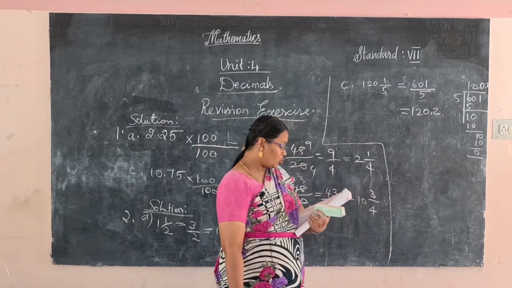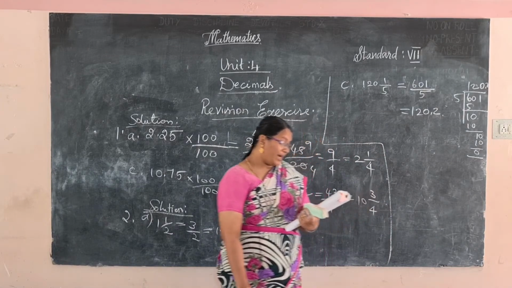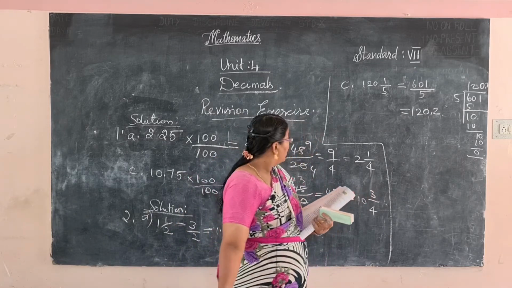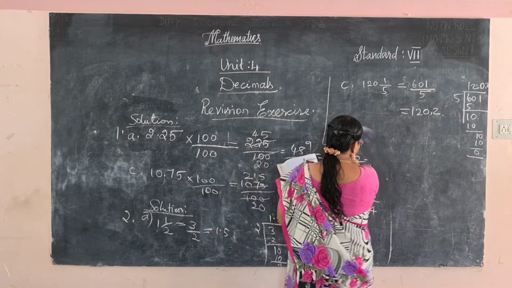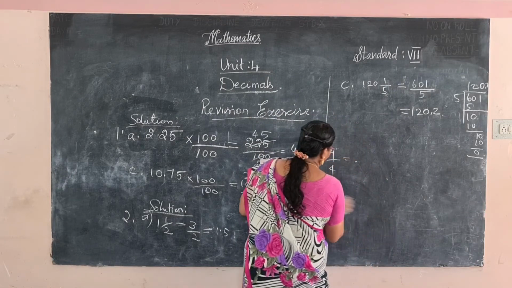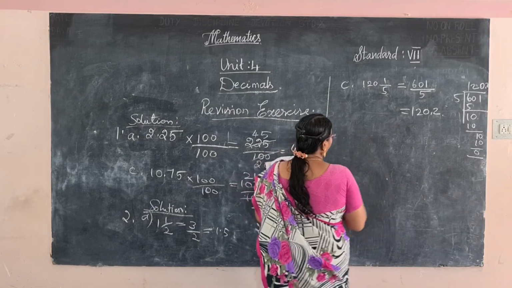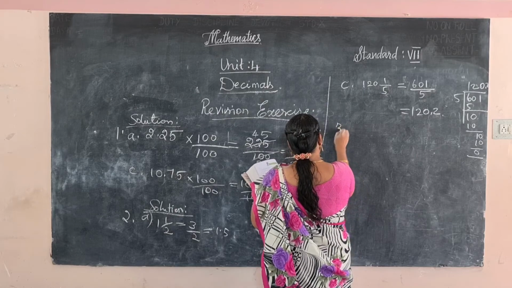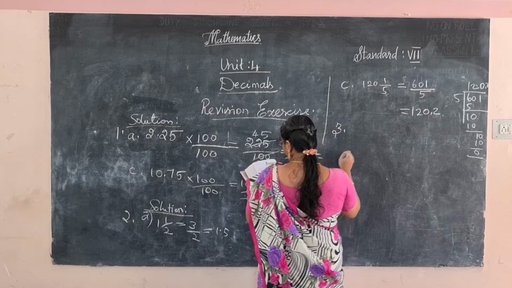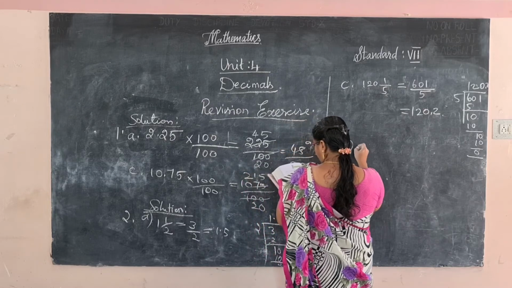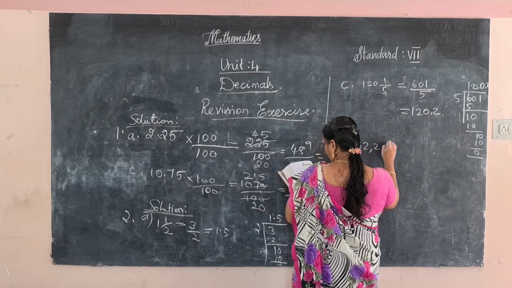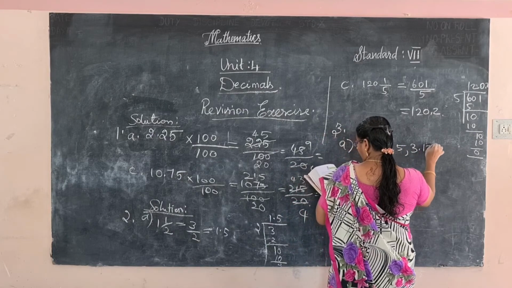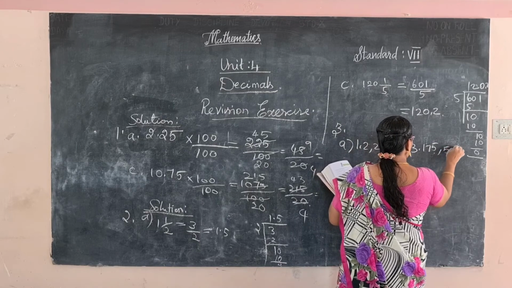Okay, remaining problems are homework. And the third one, convert the following unlike decimals into like decimals. Third problem, unlike decimals. First one, 1.2, comma, 2.25, comma, 3.175, comma, 5.2.